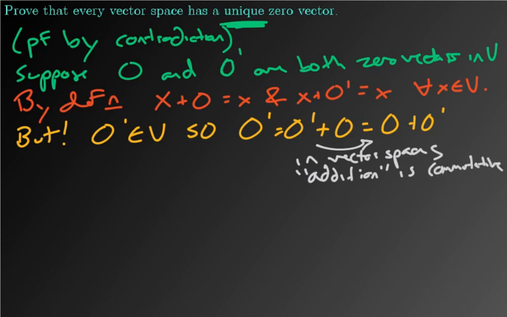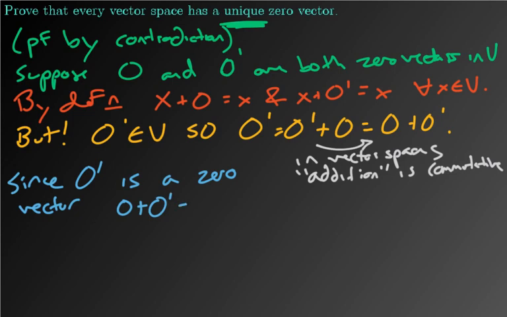Okay. So at this point, what I'm going to do is use what we know about adding a 0 vector to something. So since 0 prime is a 0 vector, 0 plus 0 prime should equal 0. So right here, it should reduce to just 0.